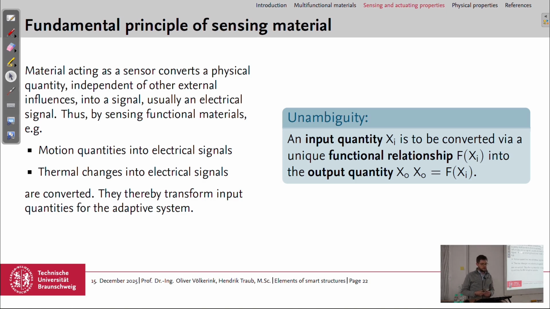By doing so, we have sensing functional materials which could sense motion quantities, displacement or strains, or thermal changes into an electrical signal. They transform the input quantities for the adaptive system. So we use the sensing properties to, for example, measure the disturbance and feed this signal into a controller.